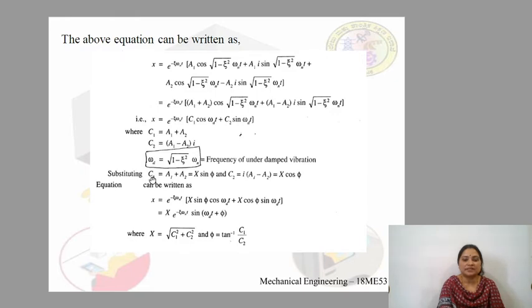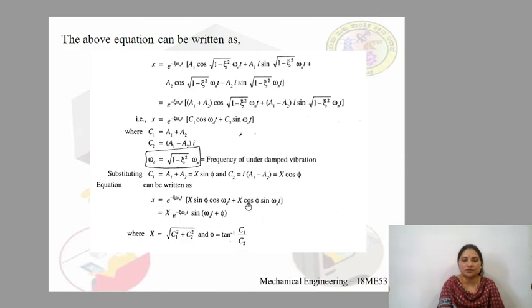We substitute C1 as X sin phi and C2 as X cos phi in the above equation. So the equation can be written as x equals e to the power of minus zeta omega n t, so C1 can be replaced as X sin phi, and cos omega d t, plus X cos phi sin omega d t.